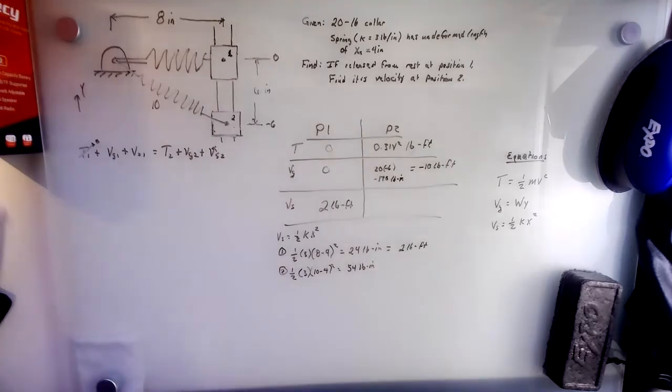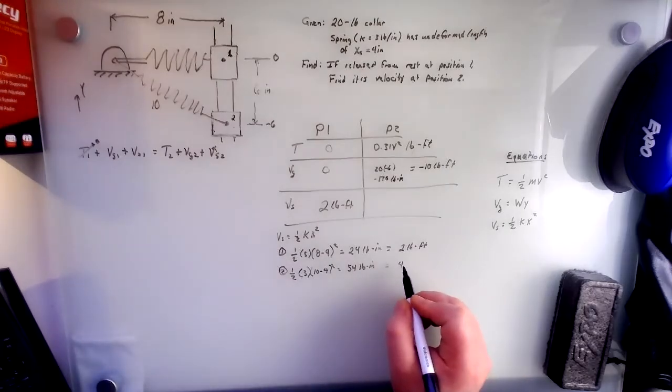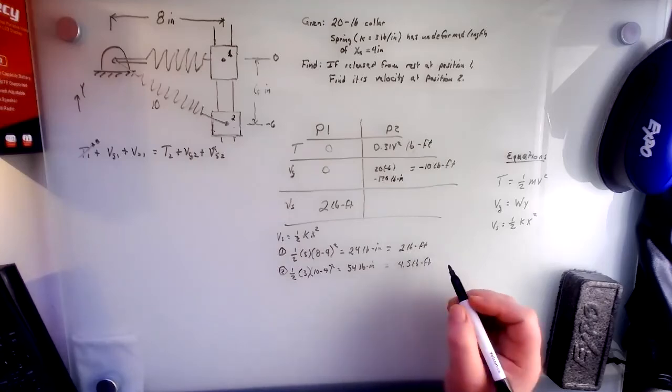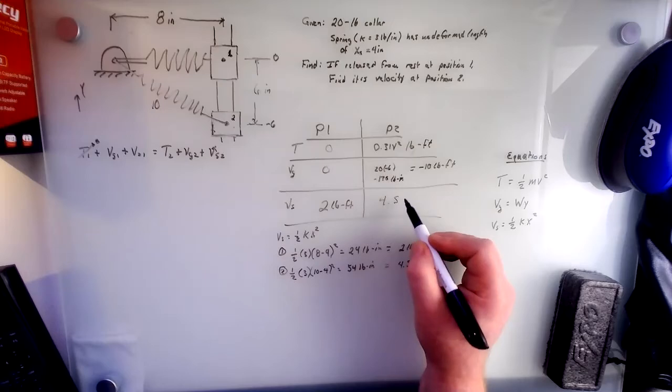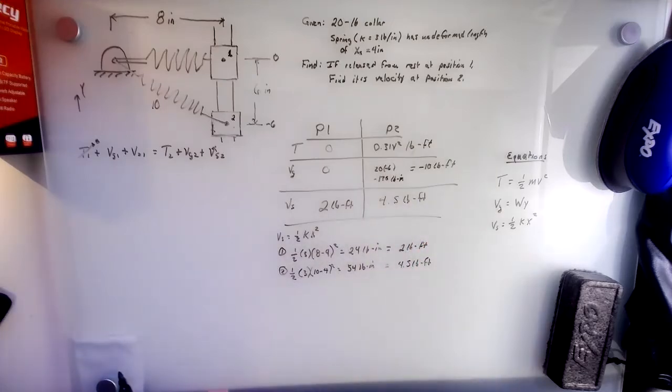And we want to convert that. 54 divided by 12 is 4.5. Yep. So that is 4.5 pound feet.